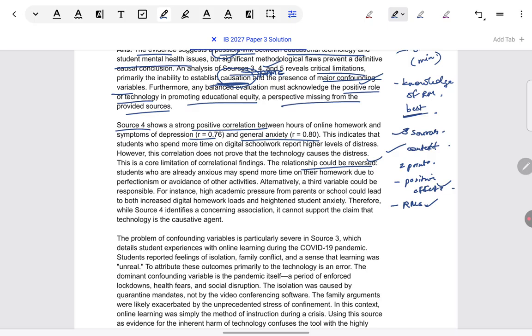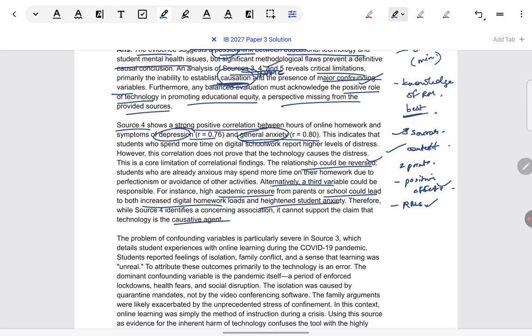It could be that people are anxious and depressed to begin with. That's why they are using technology too much, and not the other way around. Or there could be a third variable, academic pressure or school workload, that could lead students to use a lot of technology, which is not considered in this study. So very strongly, a cause-effect relationship is not established in this source.